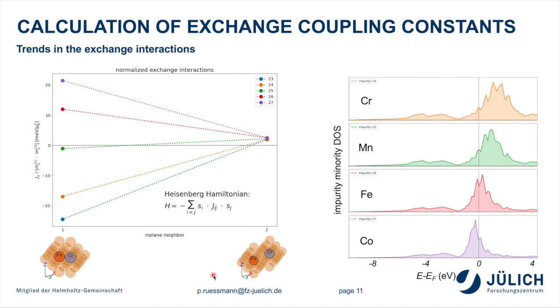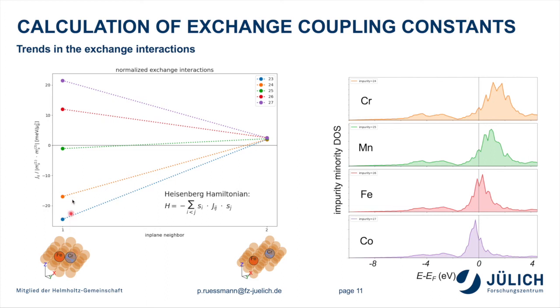So here's an example result, how this can look like. I showed you again these dimers of impurities, so keeping the first atom as iron and varying the second impurity, here now for the first two neighbors. And the different colors here show the effect that different second impurities have on the exchange interactions.